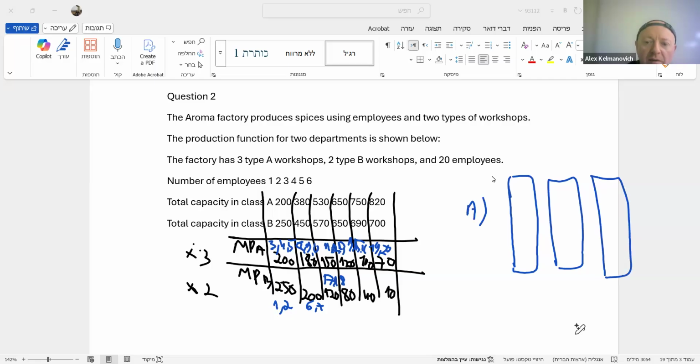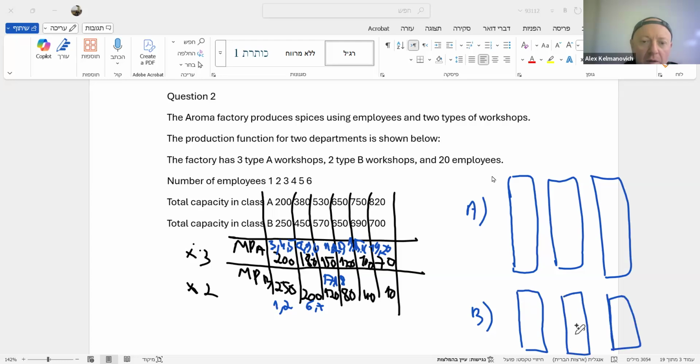Okay, so this is A and this is B. So in A we have 3 guys of 200, 3 guys of 180, 150, 3 of 120, and 2 of 100.